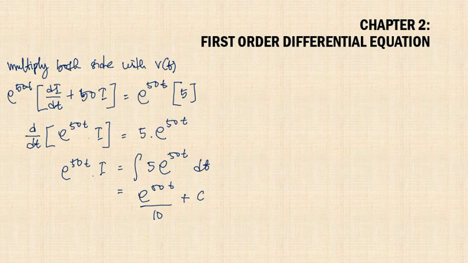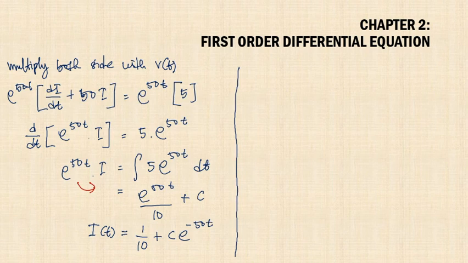So by bringing e power of 50t to the right, we are left with I of t as 1 over 10 plus c e power of negative 50t.